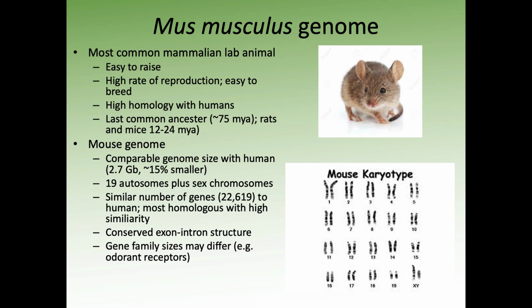And they have a lot of homology with us, as well as high similarity, and also a lot of conserved exon-intron structures between human and mouse. We do see some differences in specific gene families. For instance, olfactory receptors are more expanded in mice, which makes a lot of sense, as smell is probably more important to them than to us.